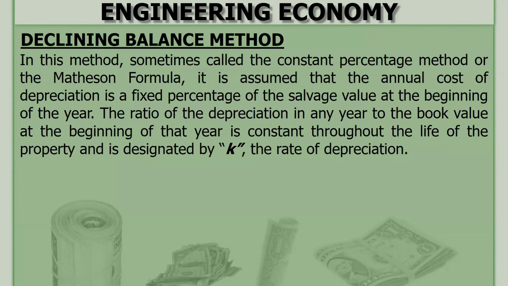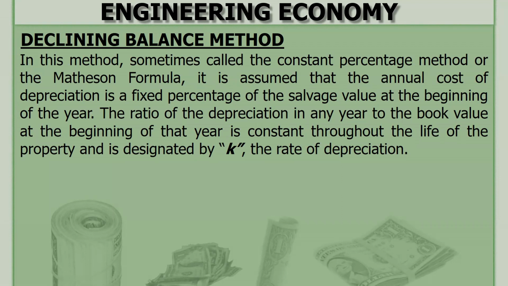In this method, sometimes called the constant percentage method or the Matheson formula, it is assumed that the annual cost of depreciation is a fixed percentage of the salvage value at the beginning of the year.